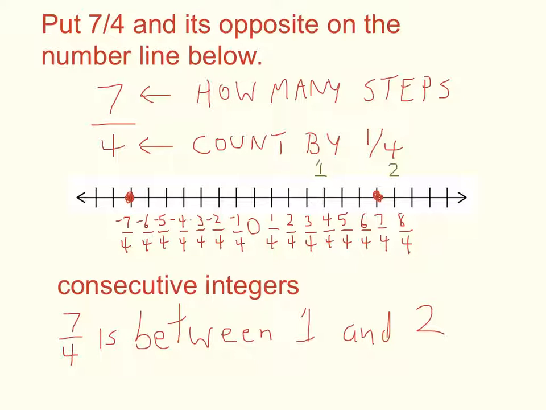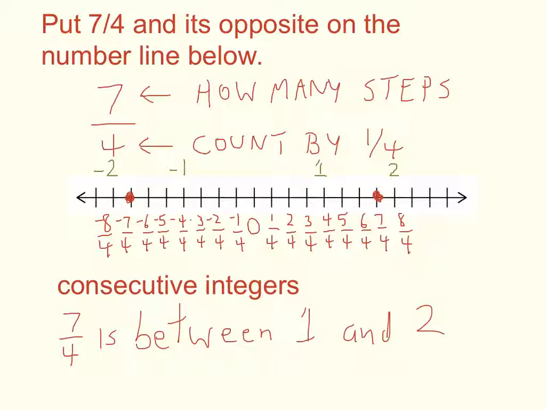Now, what about the opposite? What about this number here? Again, I'll go one tick mark further, negative 8/4. And negative 4 over 4 is the opposite of 1. So I'm going to have a negative 1 here and a negative 2 here.